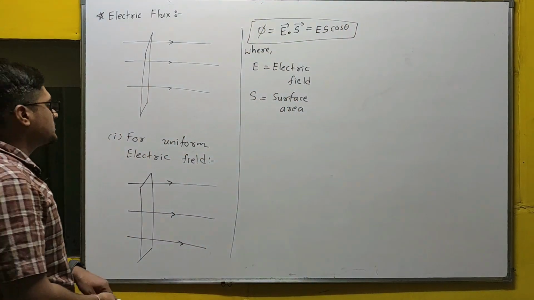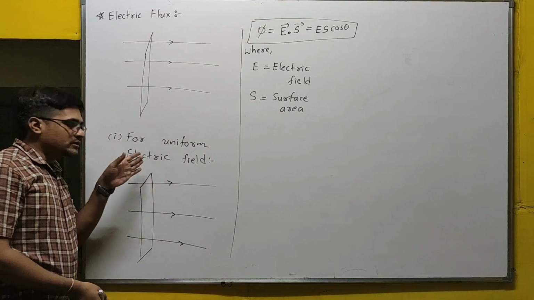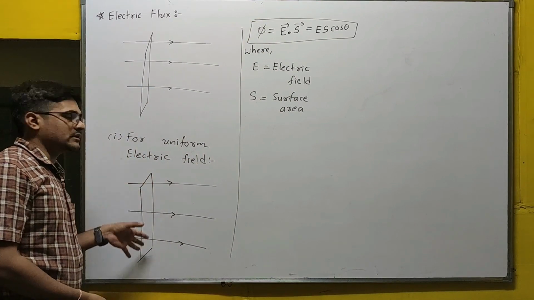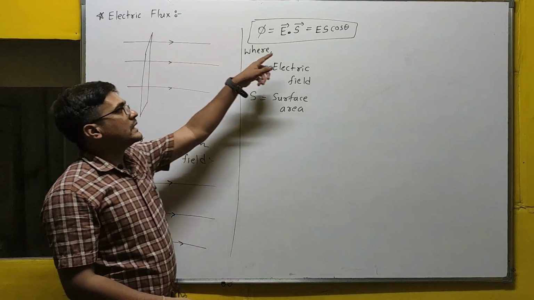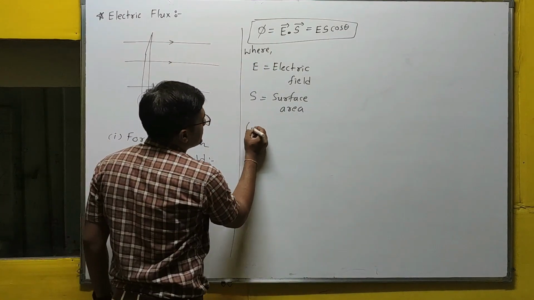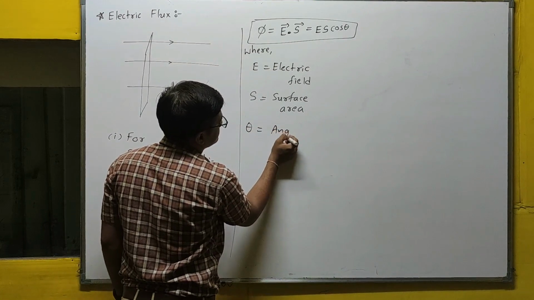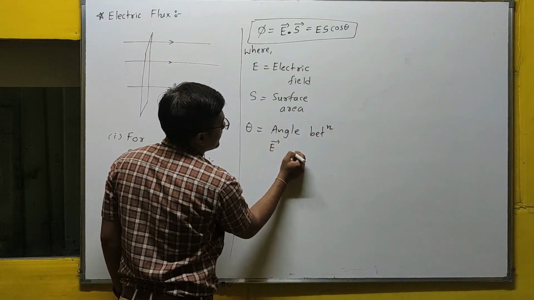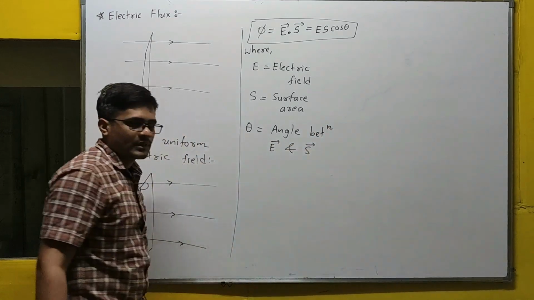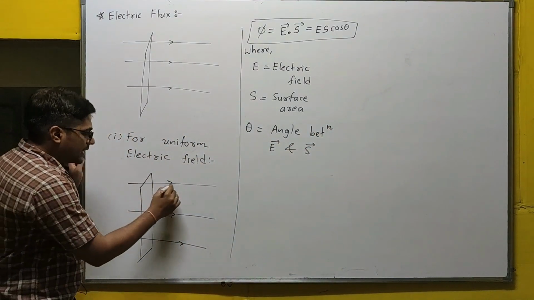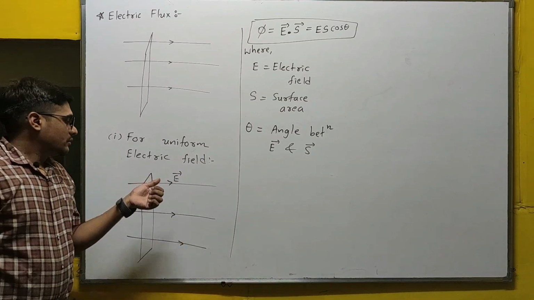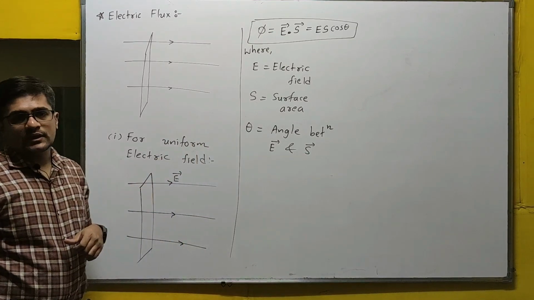And electric flux means what? The number of field lines passing through any surface is called electric flux associated with that surface. So that is given by ES cos theta. And theta is the angle between electric field and surface area. Now here electric field is in this direction. But what is the direction of surface area?